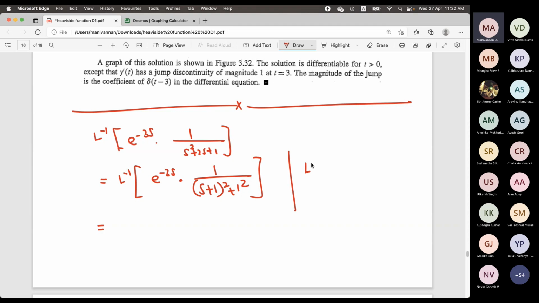This is in the form of L inverse of e raised to the power minus as times F of s, so I take it as f of t minus a into h of t minus a. This is the formula I have to use. Is it clear? Now, what is L inverse of 1 divided by s plus 1 whole square plus 1 square?